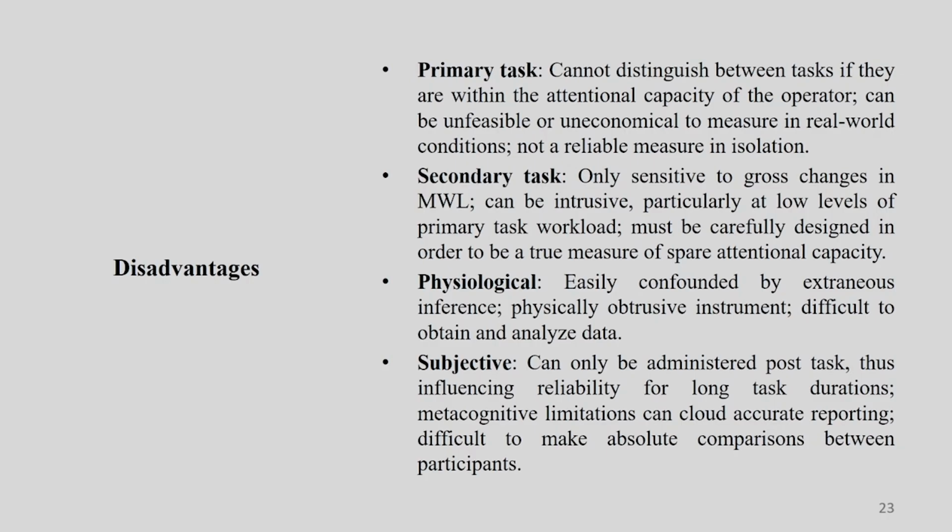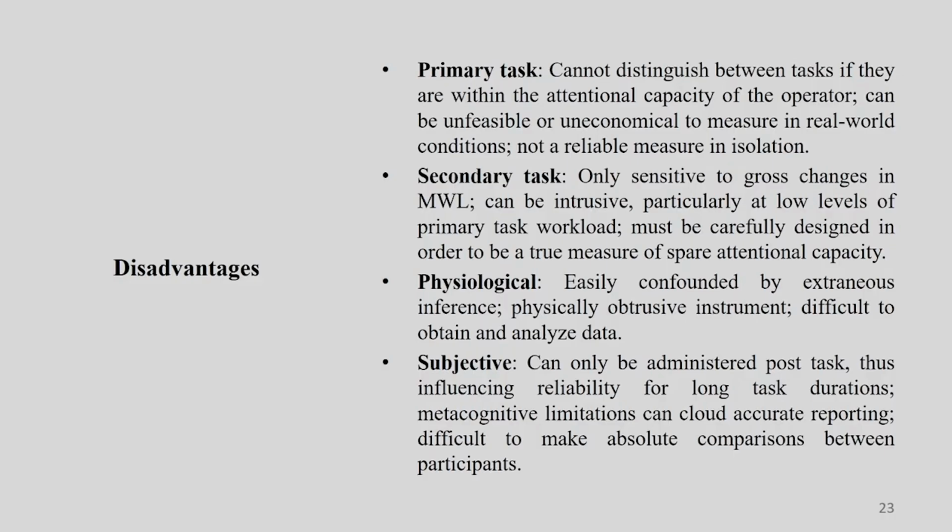In the case of physiological responses, they are easily confounded by extraneous interference. For example, with heart rate variability, any other involvement like extra effort or personal factors actually affects the physiological variables. So in those cases it is a disadvantage.